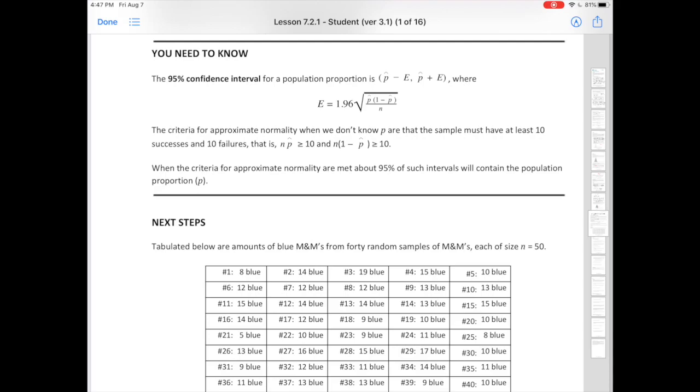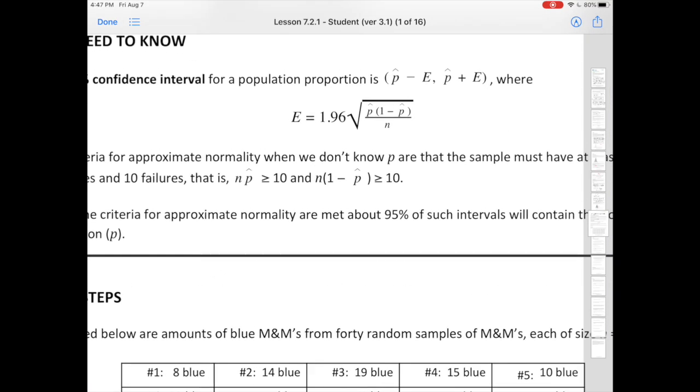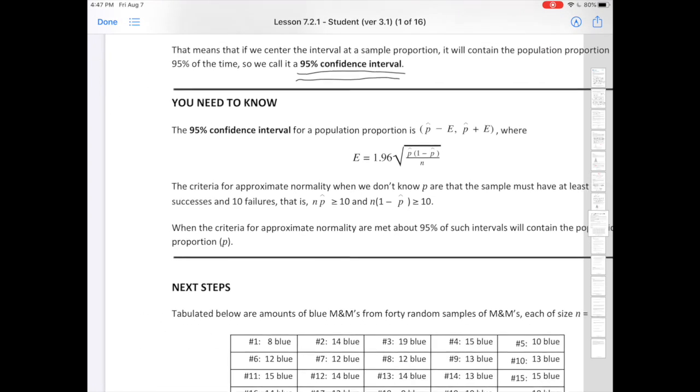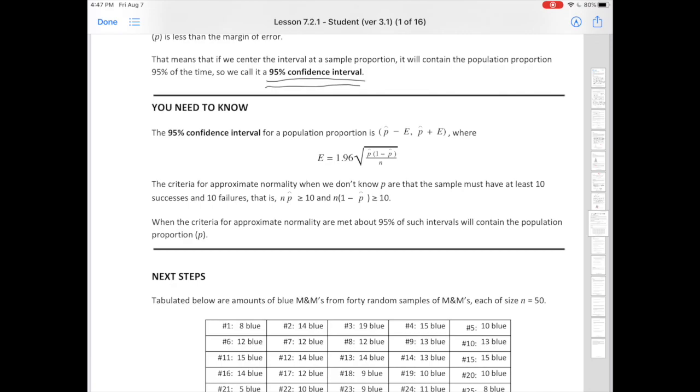It says you need to know the 95% confidence interval for a population proportion is P hat minus E, comma, P hat plus E, where E is equal to 1.96 times that square root. And remember, that square root, notice that these are P hats in there now, because we're not going to have P. The criteria for approximate normality when we don't know P are that the sample must have at least 10 successes and 10 failures.